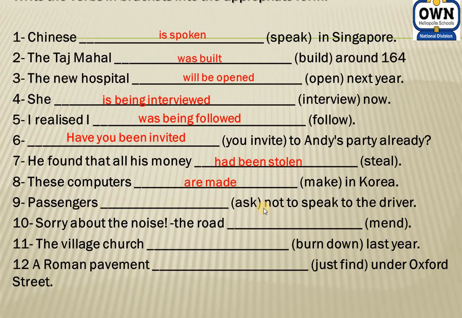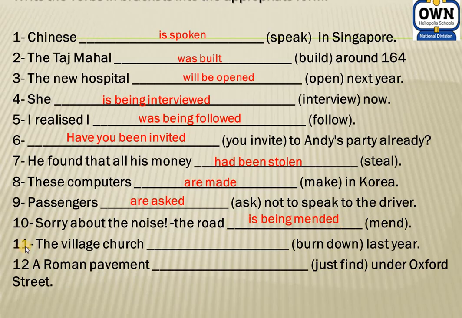This is a habit or instruction in the present simple. Passengers are asked not to speak to the driver. Number 10. Sorry about the noise. The road mend. It is in the present continuous. Sorry about the noise. The road is being mended.